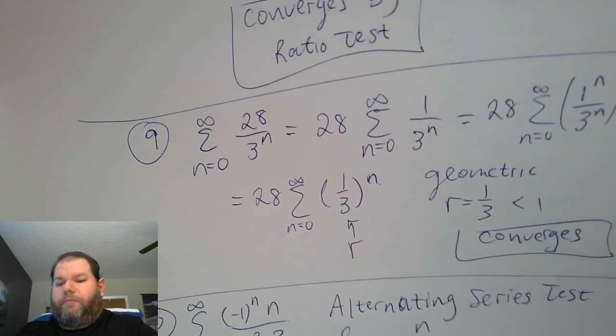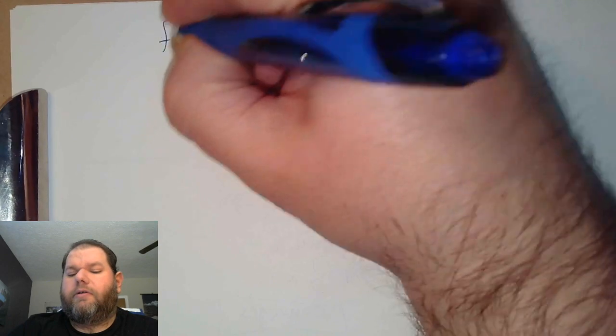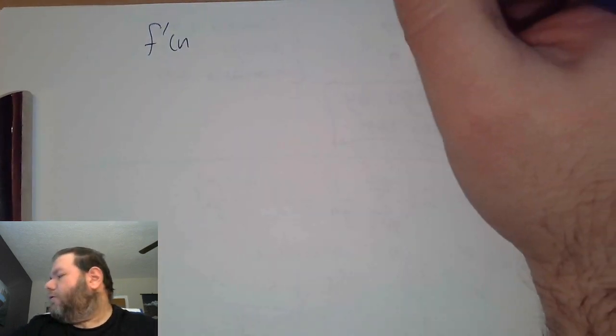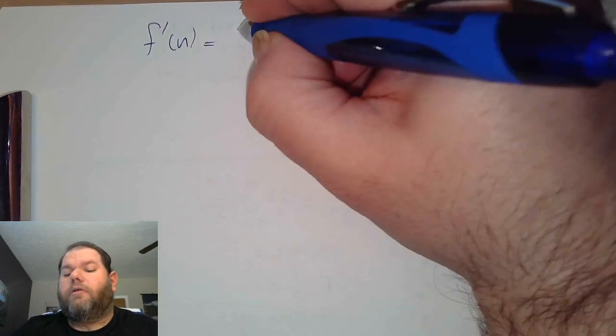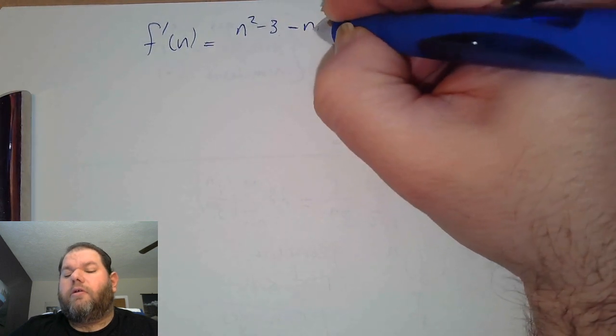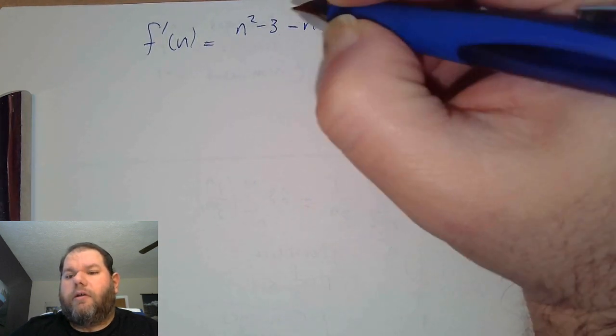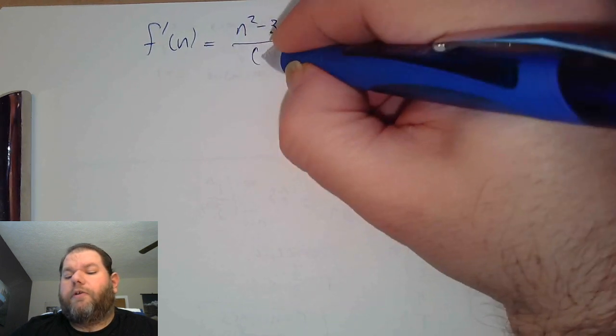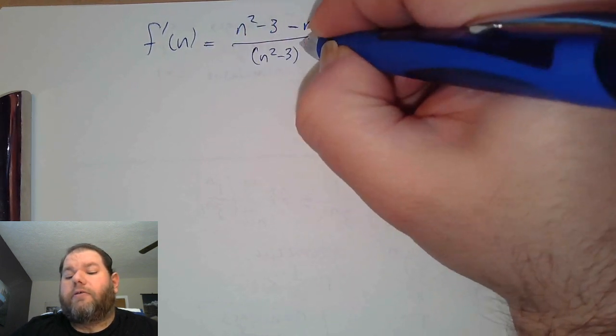So that is n squared minus 3 minus n times 2n over n squared minus 3 squared.